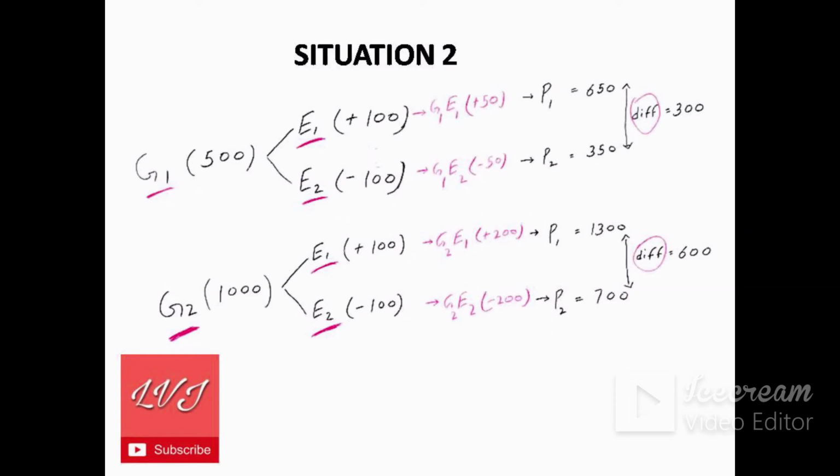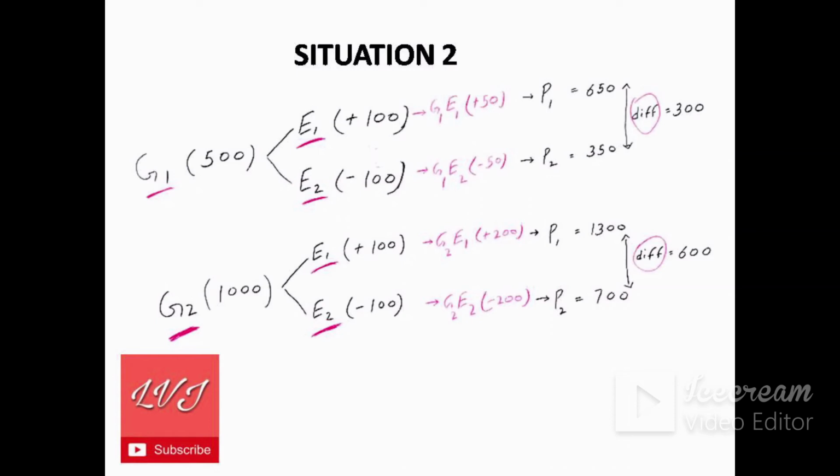So the phenotypic value will be 500 minus 100 minus 50, which is 350 kg. Here the difference in performance between the two environments for genotype 1 will be 650 minus 350, that will be equal to 300 kg. There is a difference of 300 kg between the two environments.